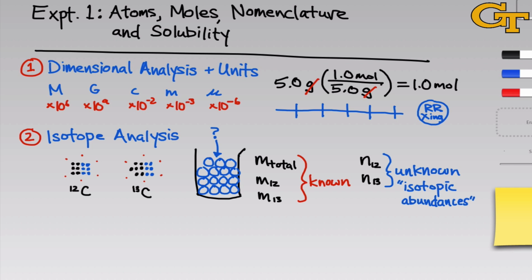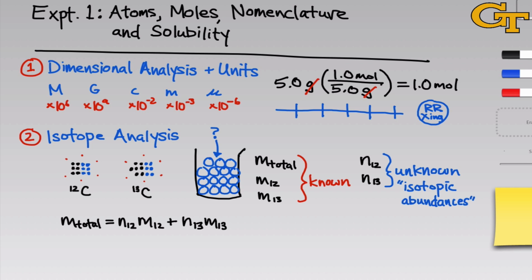So how do we go about solving for the number of carbon 12 and number of carbon 13 atoms in this sample? Well, we have 2 unknown variables, so we need 2 equations to solve for these unknown variables. And one thing to notice right off the bat is that the total mass is equal to the mass owing to the carbon 12 atoms plus the mass owing to the carbon-13 atoms.